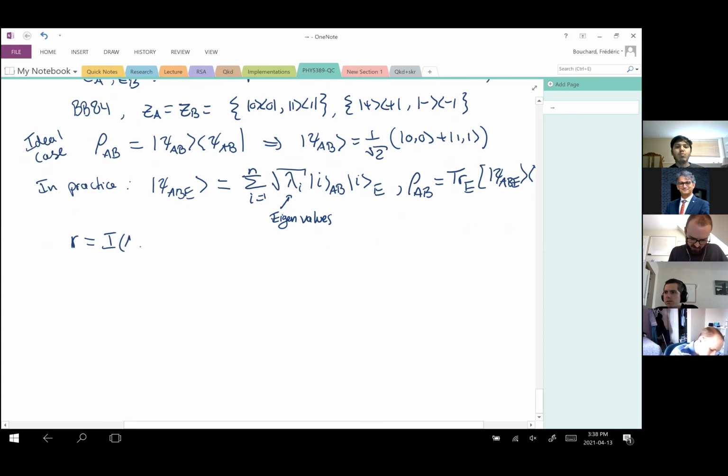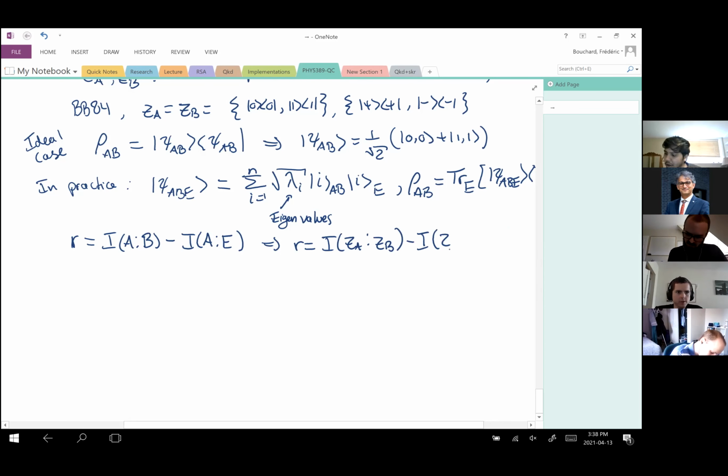So the secret fraction is the difference between the mutual information between Alice and Bob and between Alice and Eve. But we want to be more specific now, because we have specific rho AB and specific measurements. So instead we'll say I(ZA; ZB) minus I(ZA; E).